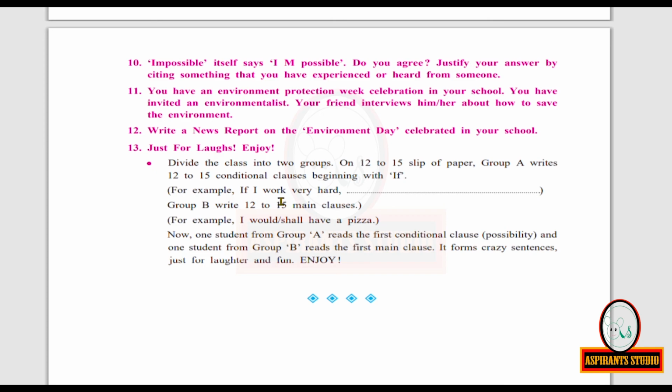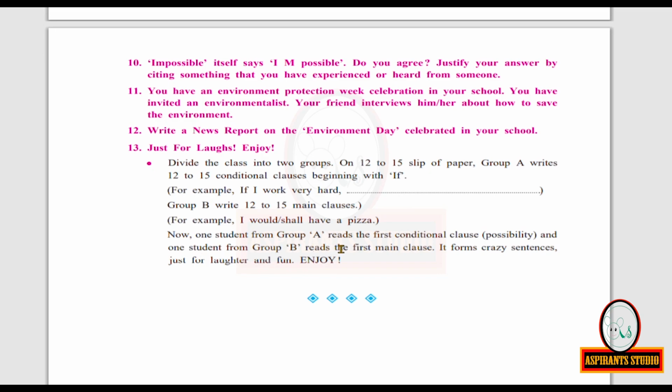So one group will write the first part of the conditional, the conditional clauses beginning with if, and the second group will write the main clauses. If I work very hard, I would have a pizza. Otherwise, if I work very hard, I shall have a pizza. So, if the first group is writing the conditional clauses beginning with if, the second group should write the main clauses. For example, I would have a pizza.